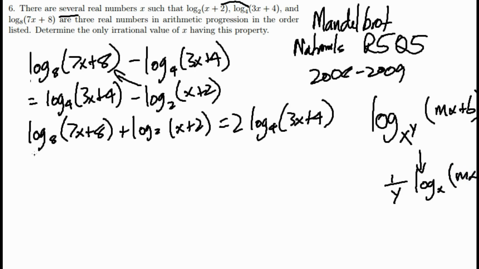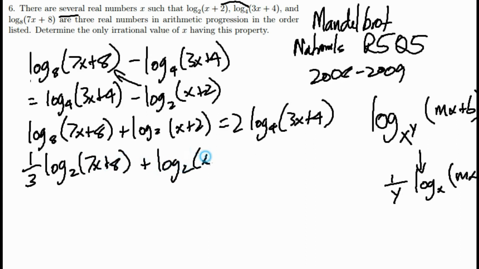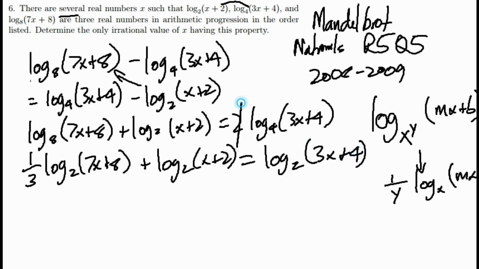Using that rule, we get 1/3 log base 2, since 2 to the power of 3 equals 8, plus log base 2 of x plus 2. On the right we divide by 2, since 4 is 2 to the power of 2, and we get log base 2 of 3x plus 4. So we have this.